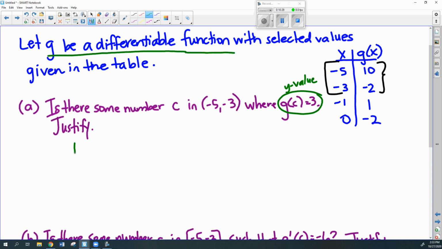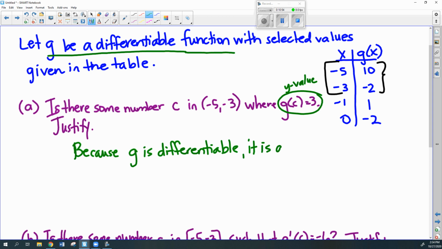I might leave a little bit of space to say yes or no for the "is there some number" part. But because g is differentiable, it is automatically continuous.